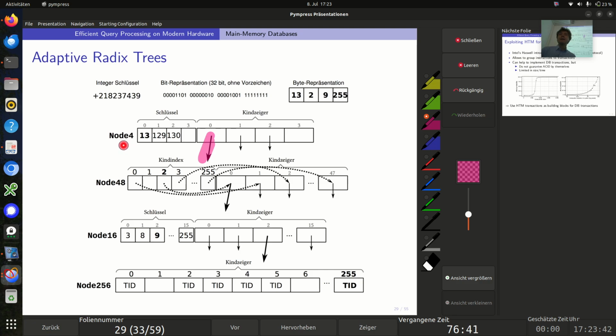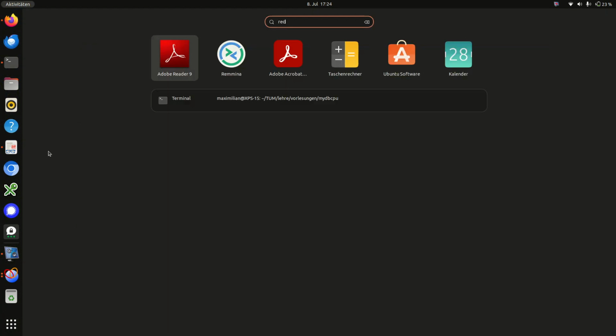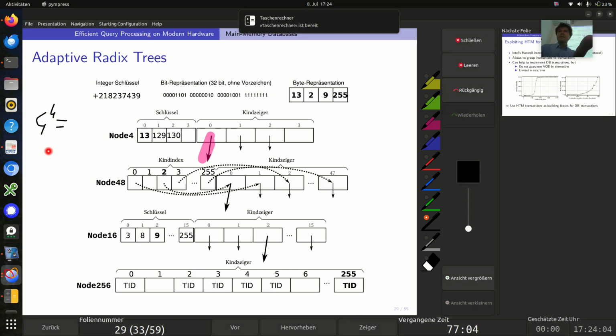so you can have 4 times 4. Let me help with math. If you have 4 to the power of 4, what is it? 4 times 4 is 16, 16 squared is 256.